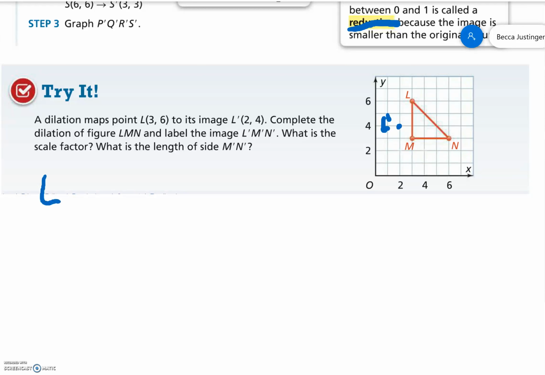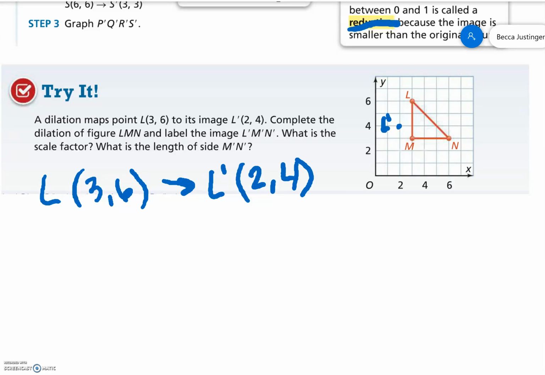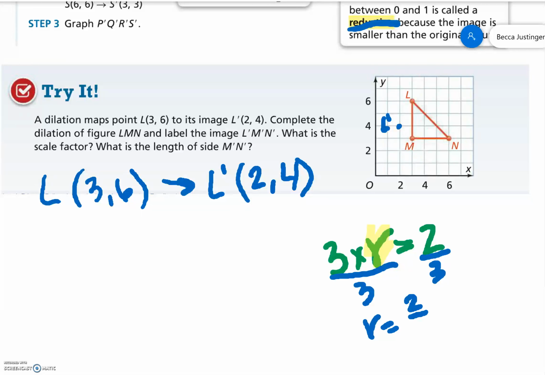So we know L is 3, 6, and it goes to L prime being 2, 4. So we need to figure out what we can multiply 3 times, let's use R because that stands for the scale factor, to give us 2. Well, to solve for R, we just do the opposite and divide both sides by 3. So R is equal to 2/3.